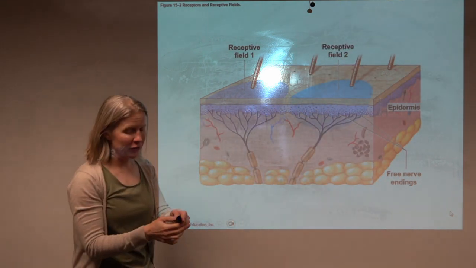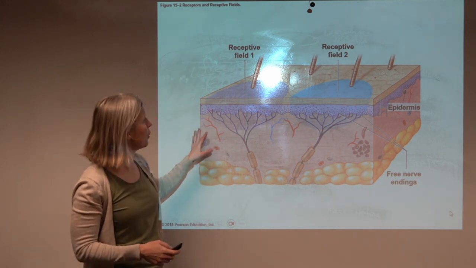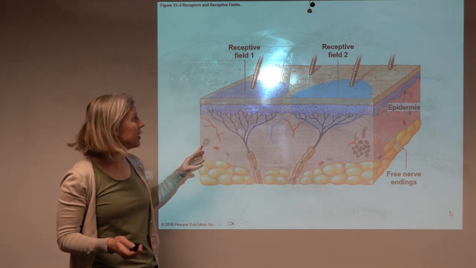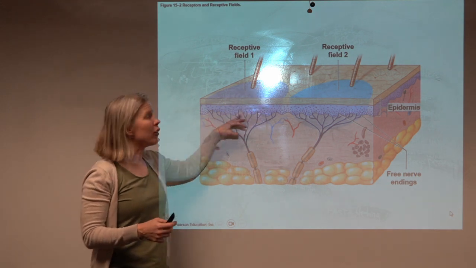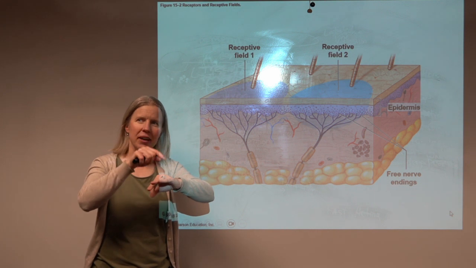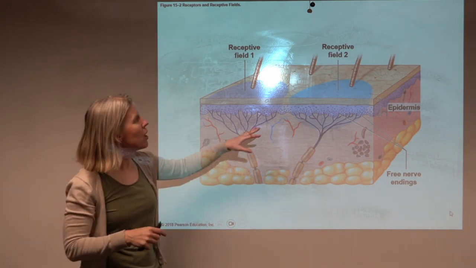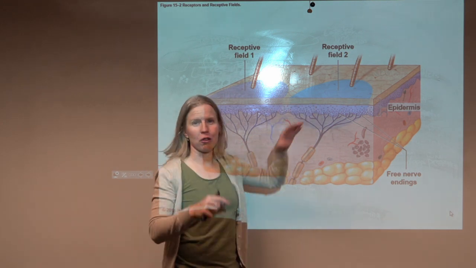I thought this was interesting. They're also pointing out this idea of what's called a receptive field. Here they're using free nerve endings to show you the whole area of the skin where, if you touched it, maybe with a toothpick, you would pick up on that location versus if you scooted over a little bit.